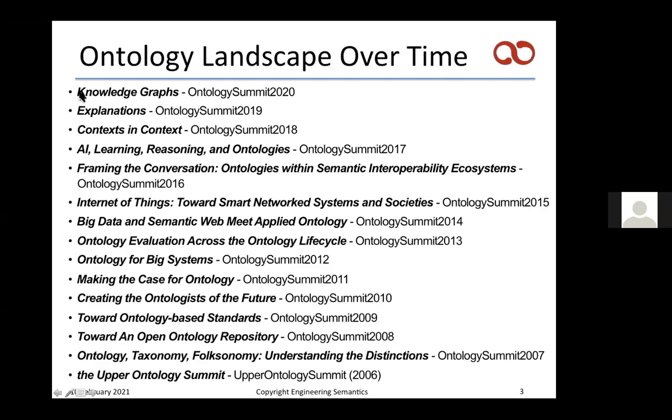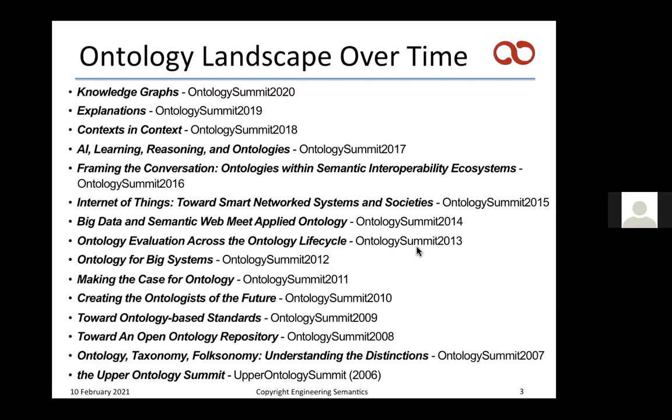And of course, at this point, everyone's hot on knowledge graphs, though of course those things have existed for some time, as John Sowa would argue, i.e. semantic networks and such. All of these communiques and all of the associated materials are available on the Ontolog Forum website if you are interested in the details. There's a huge amount of knowledge and information across all of these summits. So people can make use of them.